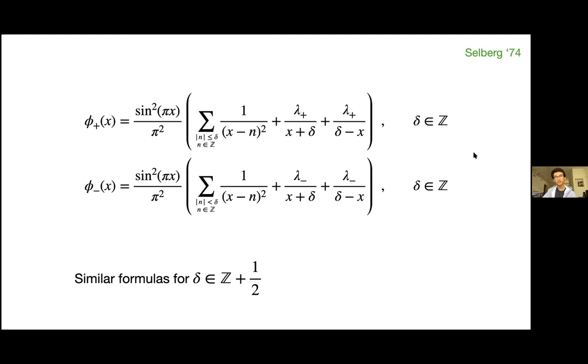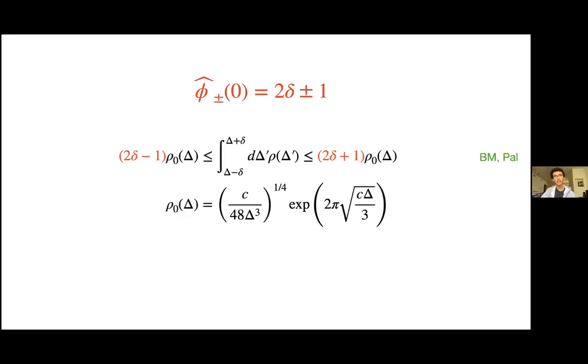And these functions, by construction, satisfy this condition that phi hat, the 0 mode, is 2 delta plus or minus 1 by construction. And so therefore, we just take these functions, insert them back into our bounds, and we get these bounds.